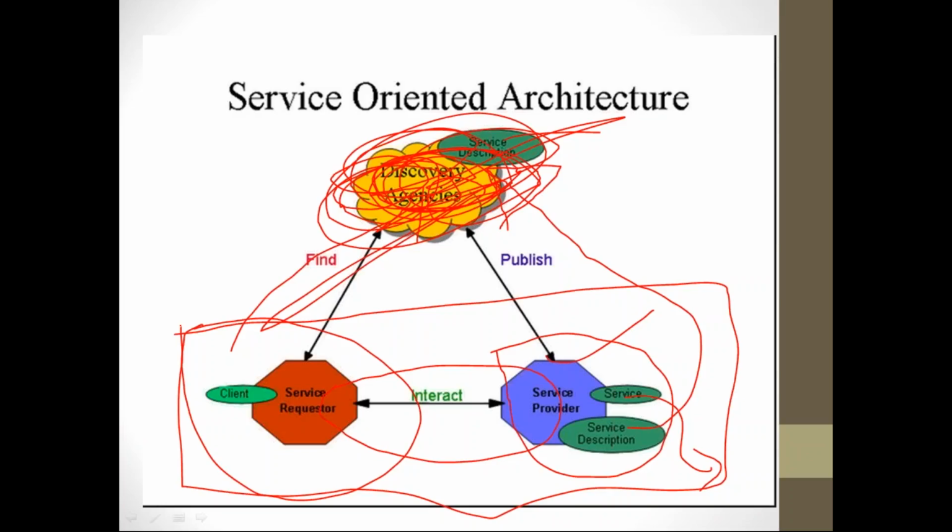Will you publish such ads when you have bagged the contract for a college canteen? No. The reason is very clear: I already know who my service consumers are. My service consumers are nothing but the college students. Those are the people who will be accessing my services. I need not publish an ad.